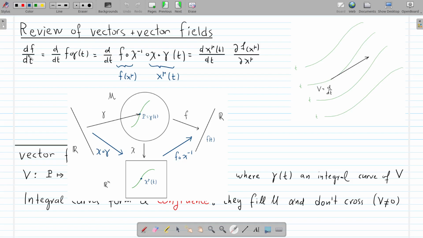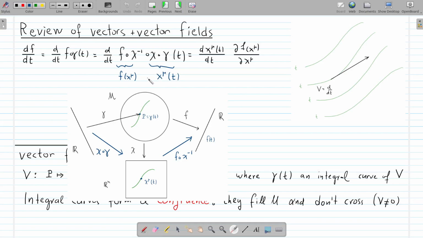The directional derivative of f with respect to t can be computed in the following way as well. As we have already said, this derivative is computed by differentiating with respect to t this function, but this function can be thought of as the composition of those two functions.